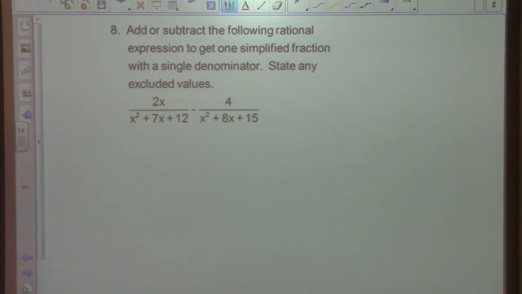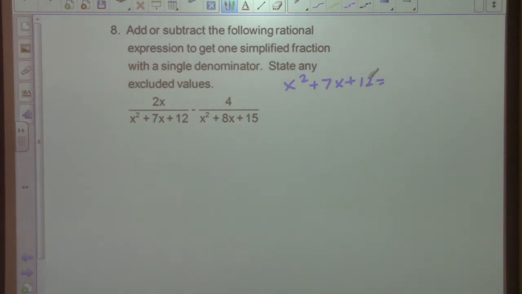Okay. First thing you want to do on this one is what? Factor your denominators, right? So we get x squared plus 7x plus 12.